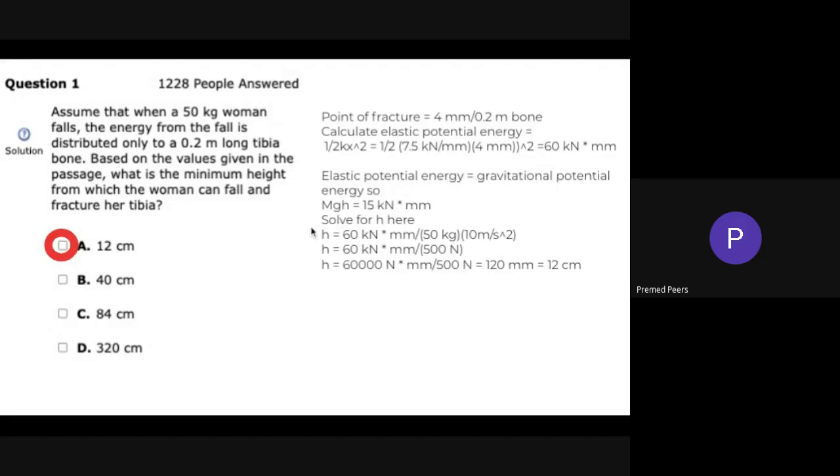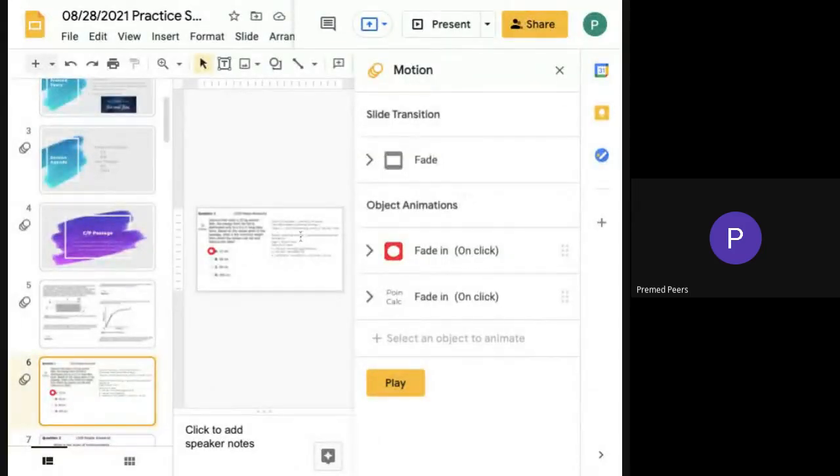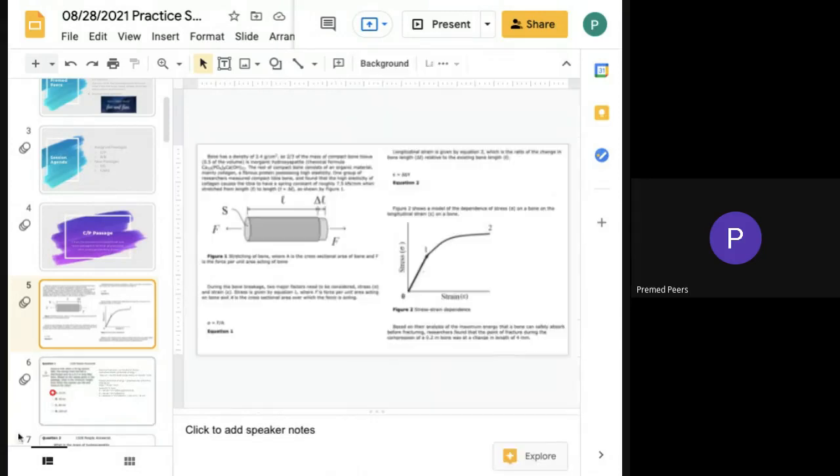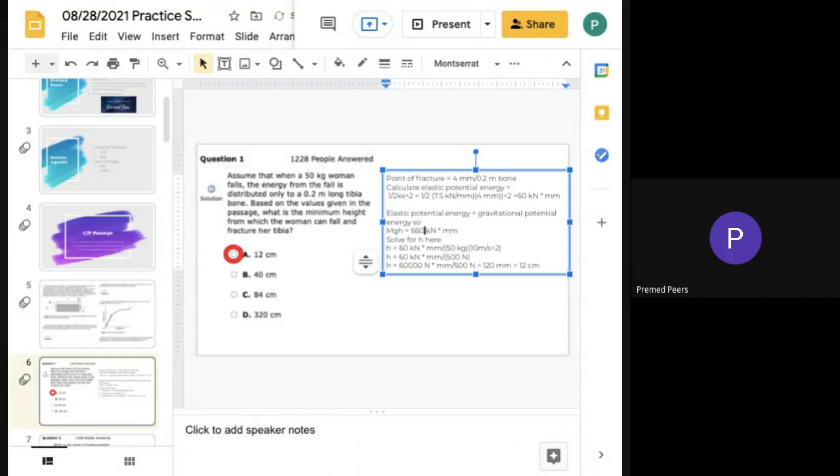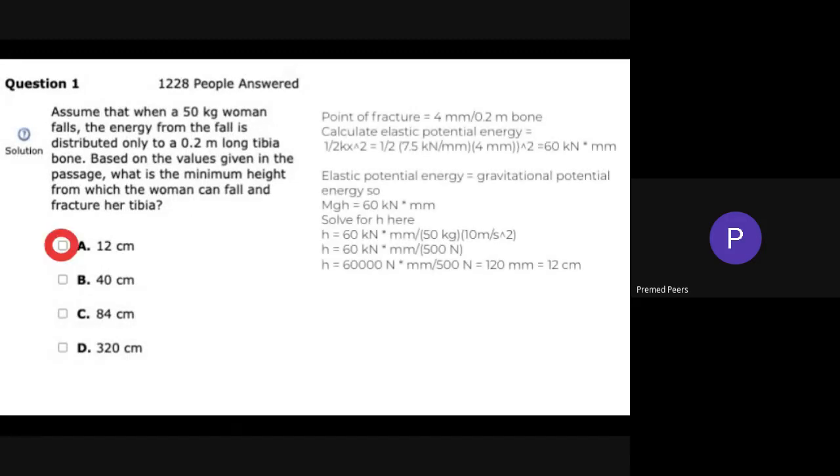And then once you set mgh, because you're trying to solve for h, and sorry, this is another typo. This should be 60 because it should be equal to that 60. Let me actually just change it. Wait, no, sorry about that. Okay, so now that you have gravitational potential energy equals 60 kilonewtons times millimeters, solve for h.